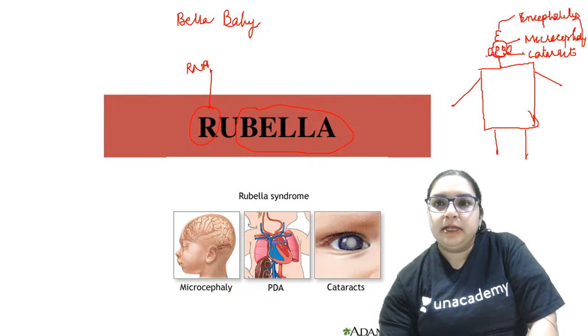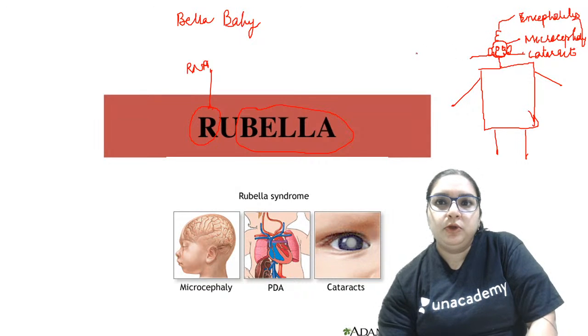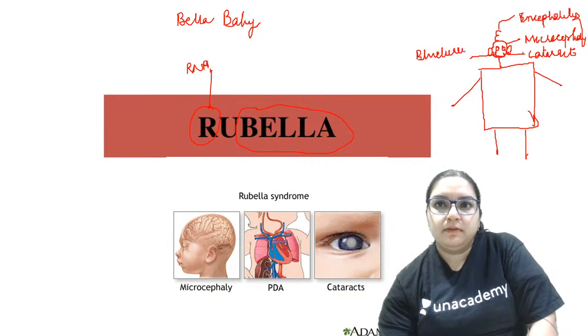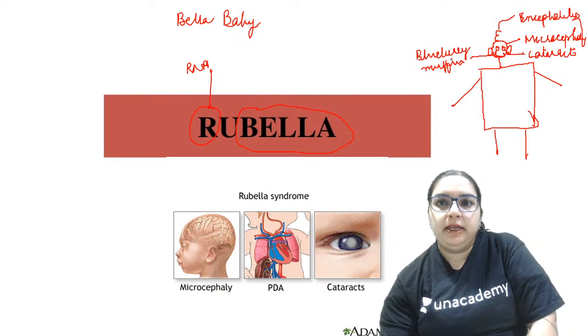And coming to the blushes, it's the blueberry muffin spots.